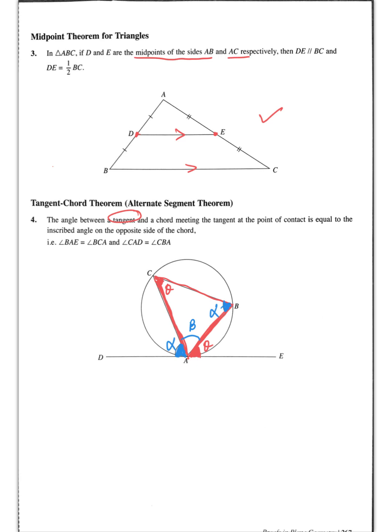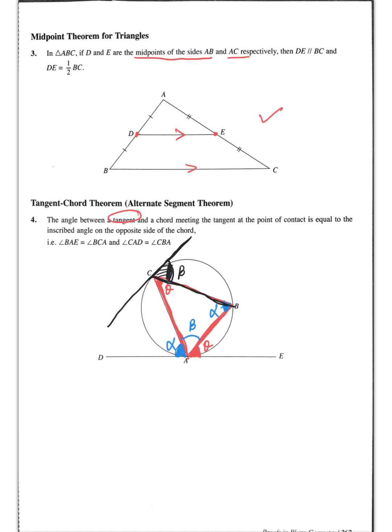Okay, so got it? You can also have a tangent from the other side. For example, I can have a tangent here. So if I have a tangent here, then this angle here will be equal to this angle, beta. Can you see? Because this is your chord, this is your tangent.